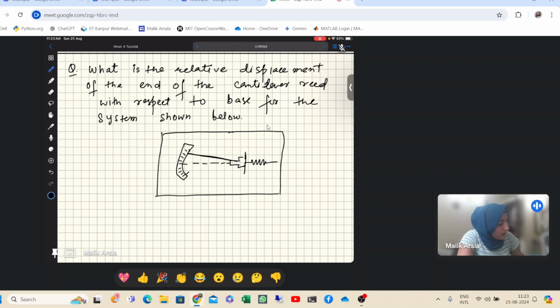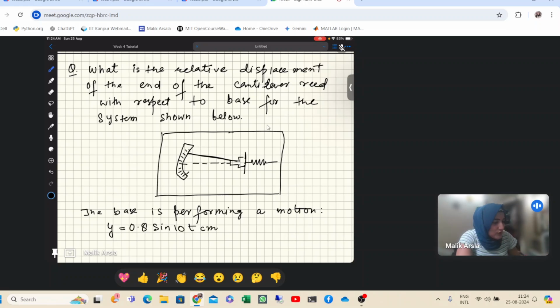Now, what is the information that is given in the question? That the base is performing a harmonic motion, okay? Let me write it like this. Y is equal to 0.8 sine 10 t centimeter.